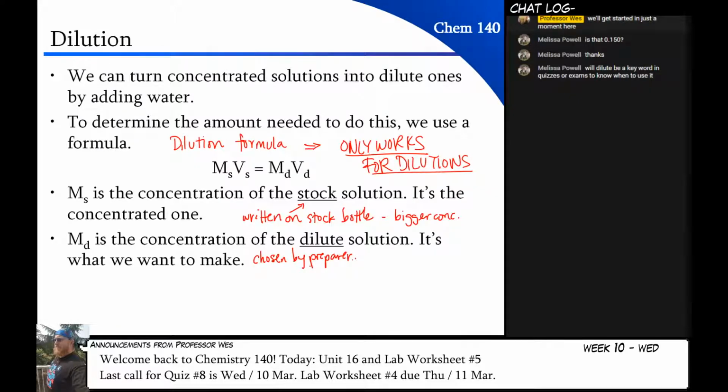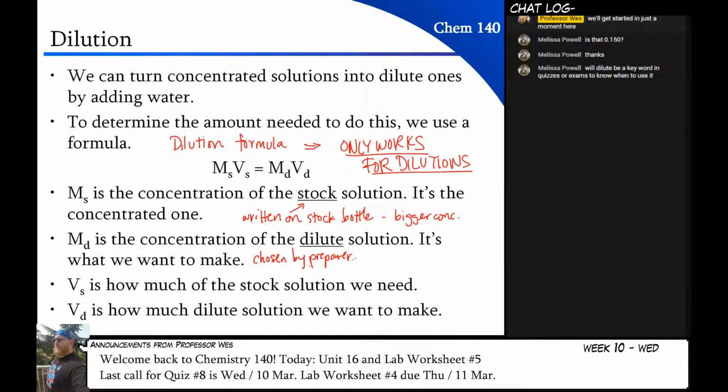If you want it to be more dilute, add more water. If you want it to be less dilute, add less water. The V's are the volumes that you need. So VS, typically, this is going to be what you calculate. But the V for the dilute solution is chosen by you.